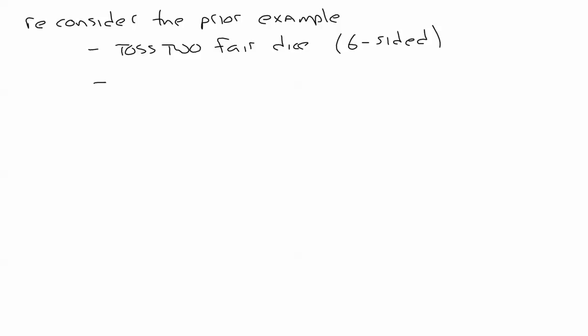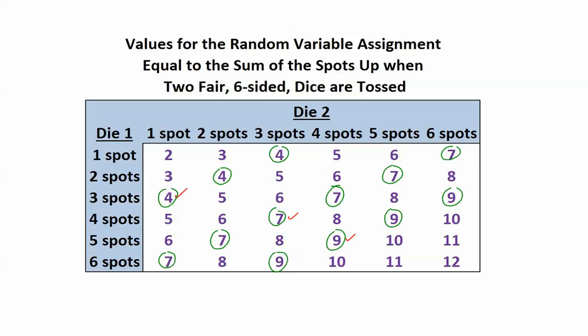I'm going to add the spots up, and my random variable assignment is that. All right. I'm going to add the number of spots up. Remember that this is my table demonstrating my random variable assignment. Let's erase some of these marks off of here.